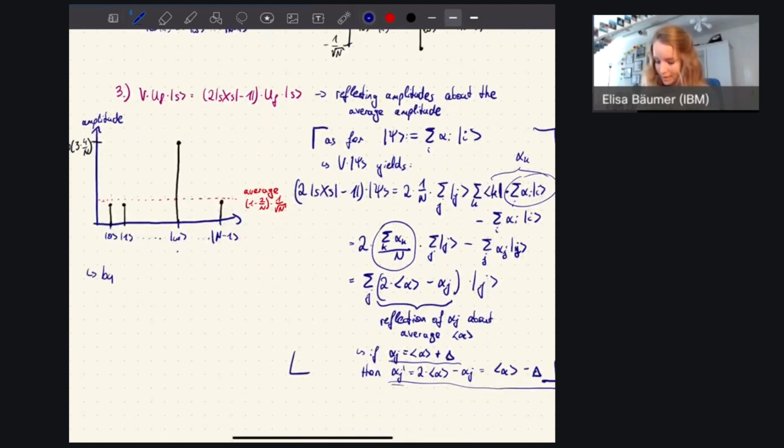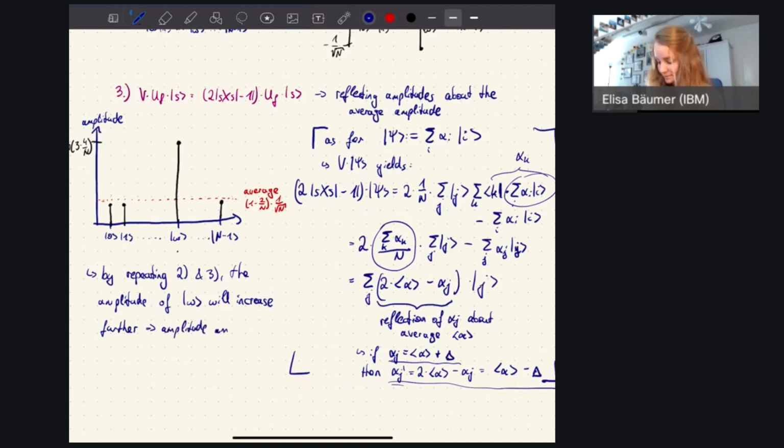So if we now repeat step 2 and 3, the amplitude increases even further. This is why we call it amplitude amplification.